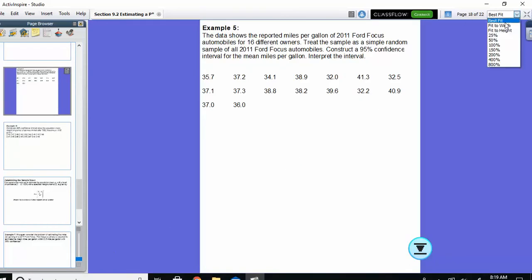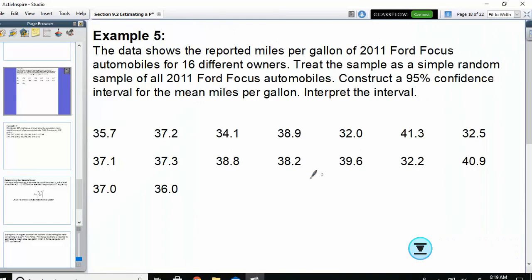So let's look at this example. Our data shows reported miles per gallon of the 2011 Ford Focus automobiles for 16 different owners. Treat this as a simple random sample. We need a 95% confidence interval for the mean miles per gallon. So we want a confidence interval for the mean. That means we're talking about the x bar.